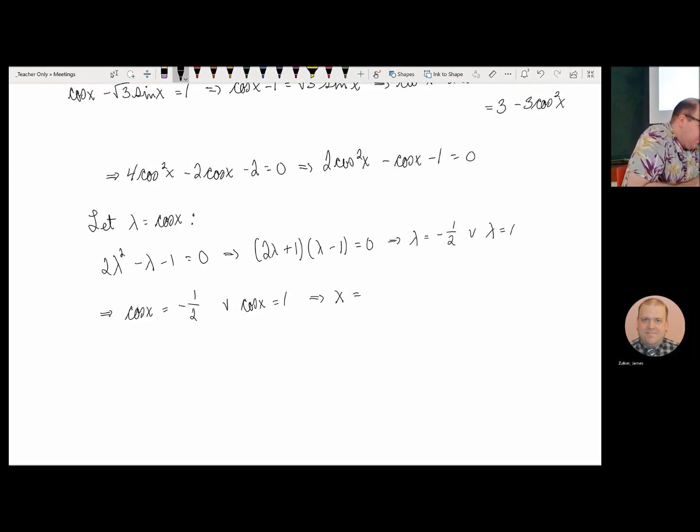Where is cosine negative 1/2? No, not that. Cosine negative.